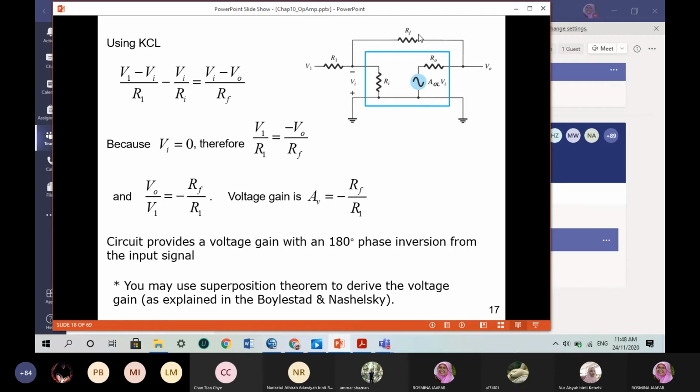So in other words, you can estimate the gain of the op-amp by only using the external resistor divided by the resistor that is connected to the input terminal.